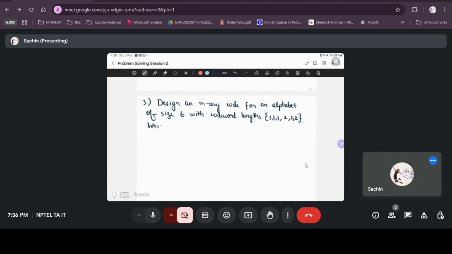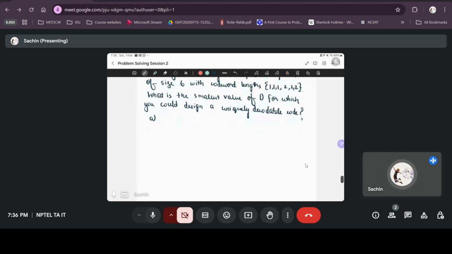What is the smallest value of D for which you could design a uniquely decodable code? Here, uniquely decodable code would mean it's a prefix-free code. Options are 2, 3, 4, 5.